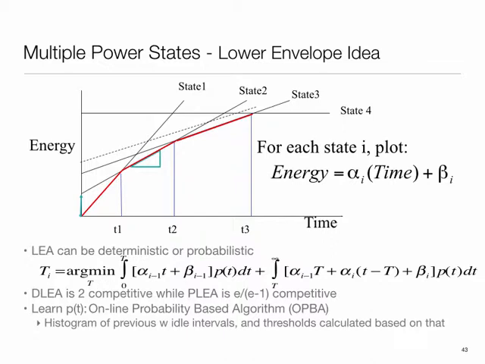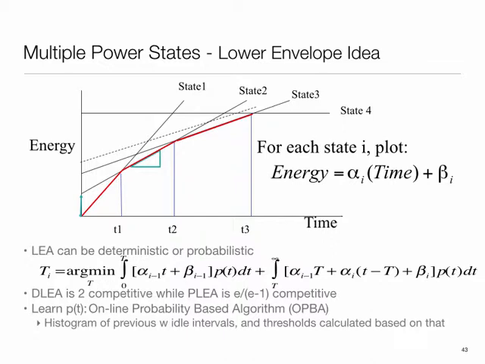If you somehow knew, using the ability to predict, that your idle time is going to be very long, then you can immediately jump to that particular optimum state. So that's the algorithm: you traverse this lower envelope, and you have a bunch of thresholds corresponding to different crossover points.